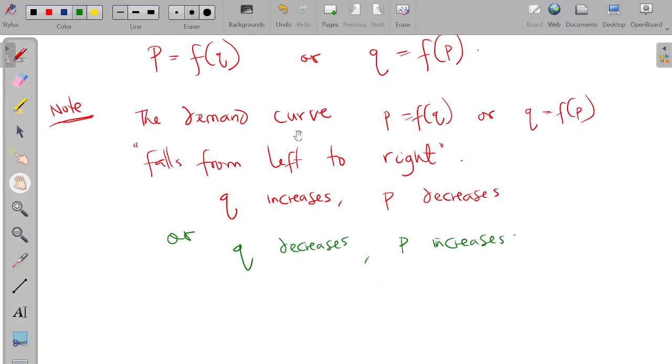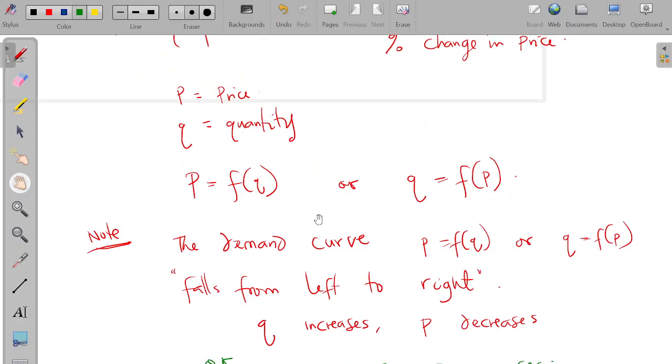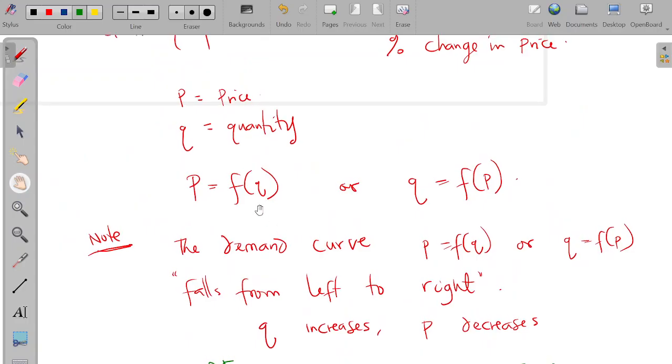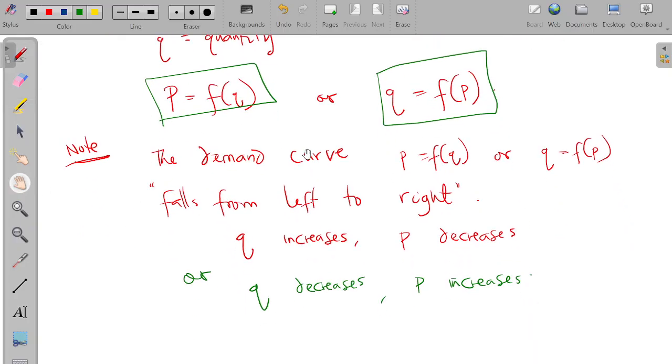Now we're going to be finding the elasticity of demand. We're going to have the formula when we're given the demand in terms of this or in terms of this. Okay, that is very important.